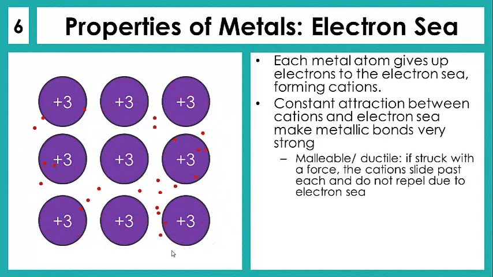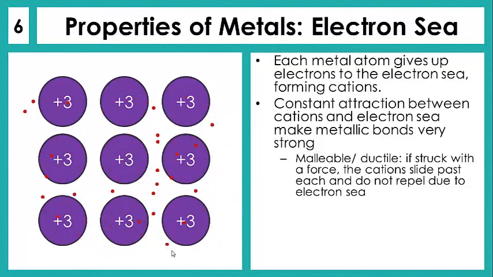So metals are malleable and ductile. If you strike them with some force, those cations are able to slide past each other. Normally, if you hit something and you push together those positive cations, that's going to cause them to repel and shatter. But because these electrons are flowing in between the cations, it insulates those positive charges from touching each other.